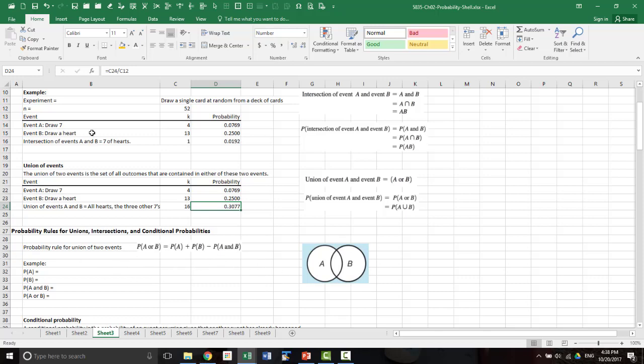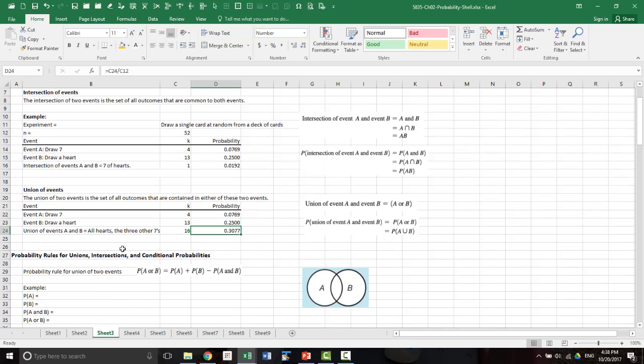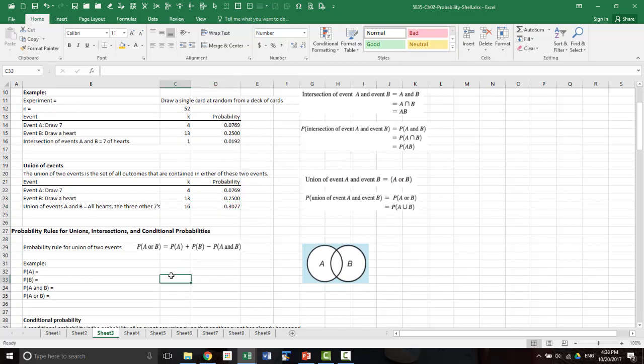Let's apply this rule to the probabilities of A and B here. The probability of A from our example, event A, is that. The probability of B is this, and the probability of the intersection is that. We have already computed this using basic principles.